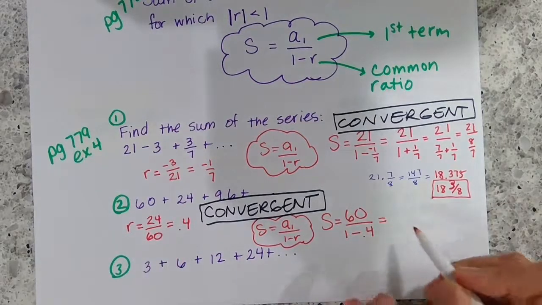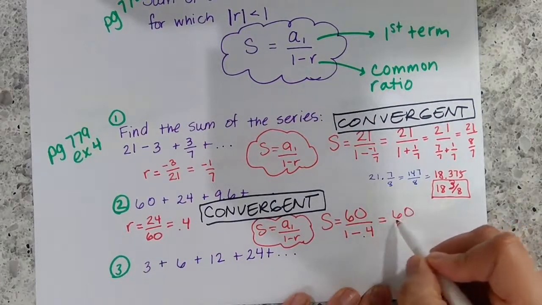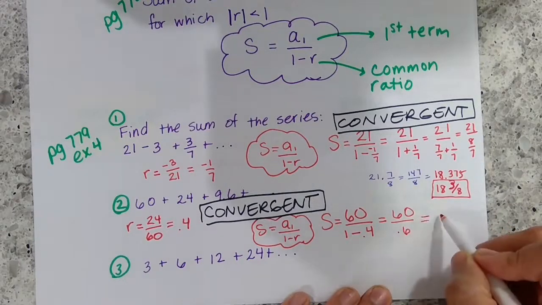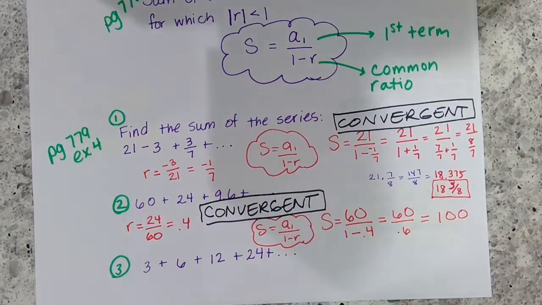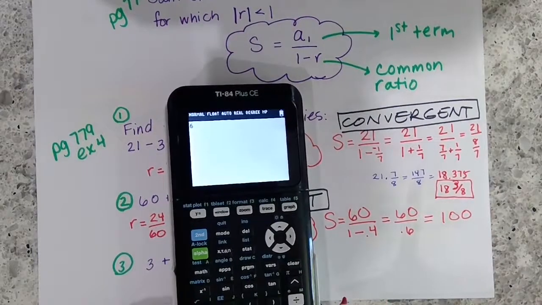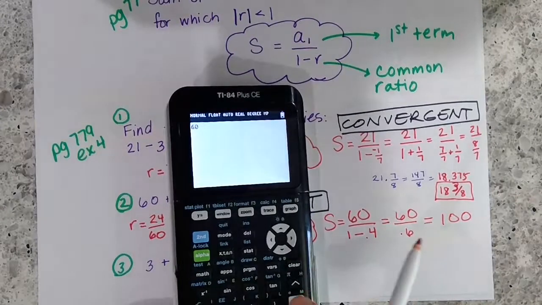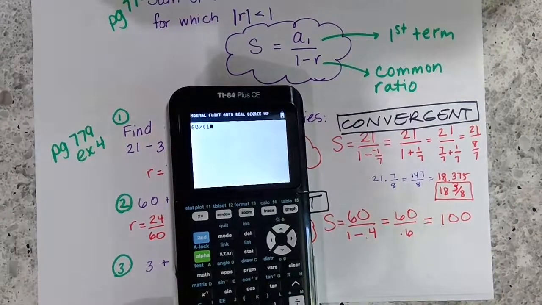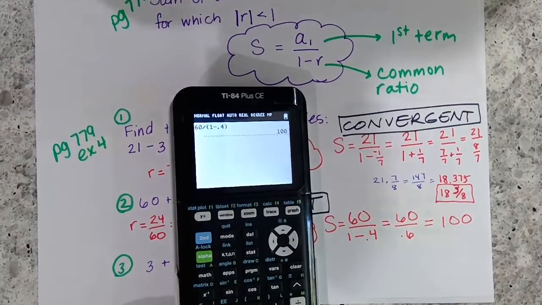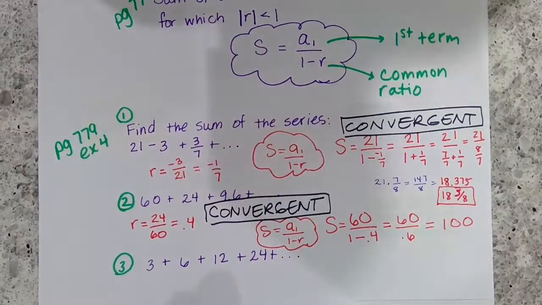Again, plug it all into your calculator, divided by 0.6. Your answer is 100. Let's see, 60 divided by... okay, all right, good. Next one.